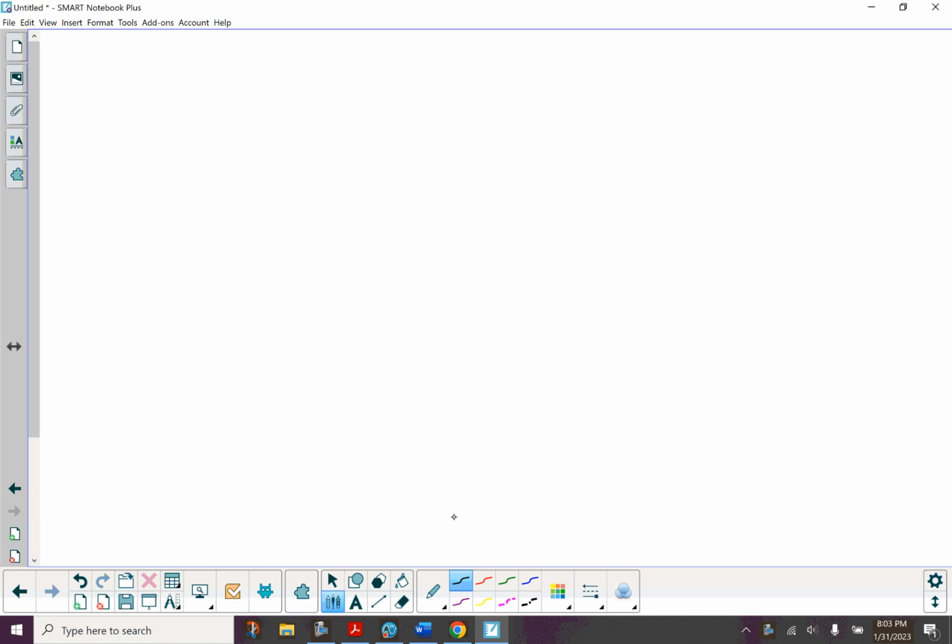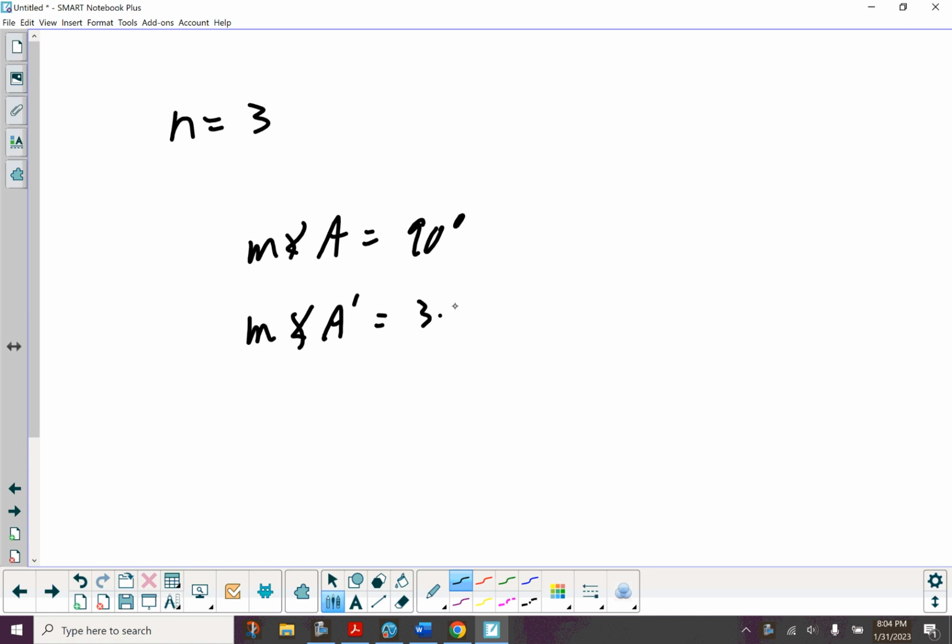Here, how ridiculous does this sound? We've got a scale factor. Okay, so N is equal to 3 in this case. So if the measure of angle A is 90 degrees, then the measure of angle A prime, if we take the scale factor of 3 times 90, that's 270 degrees now.